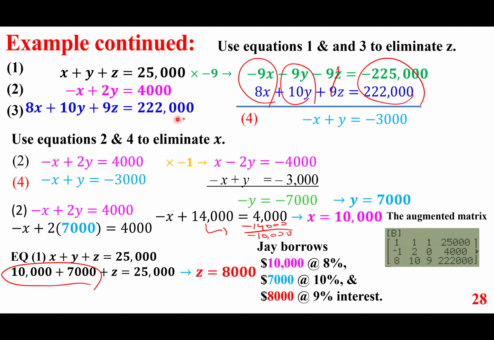If you do RREF, you get, look at the last column, 10,000, 7,000, 8,000, and that's the same answer we got when we did it by hand.